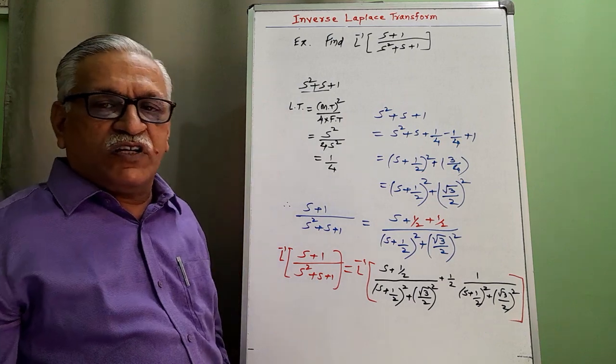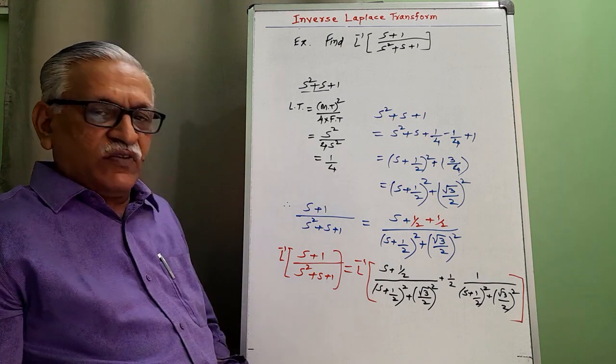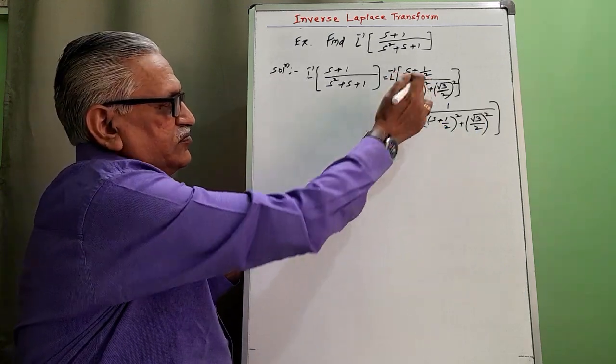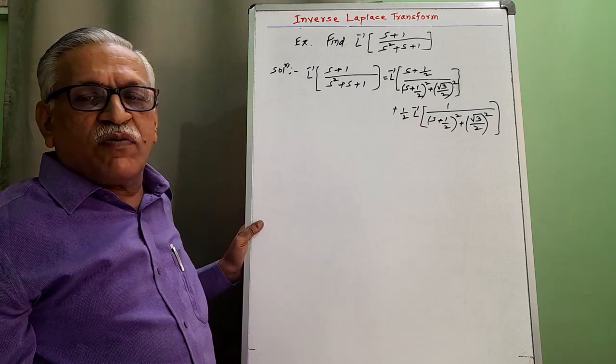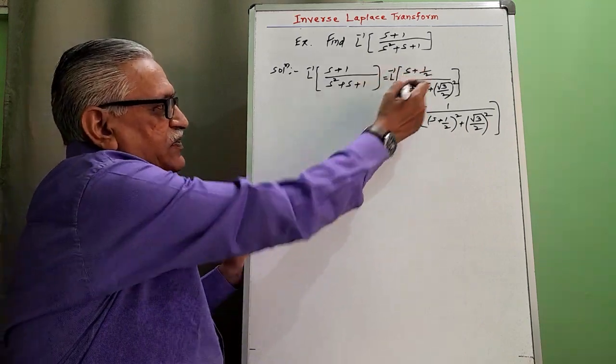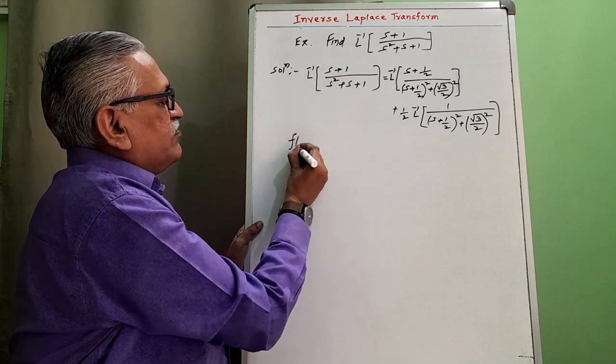And then taking individual inverse, inverse of first term and inverse of second term, we get it is s replaced by s plus 1 by 2 everywhere. Therefore, it is a problem of shifting theorem. Therefore, applying shifting theorem, we get inverse of left hand side as f of t.